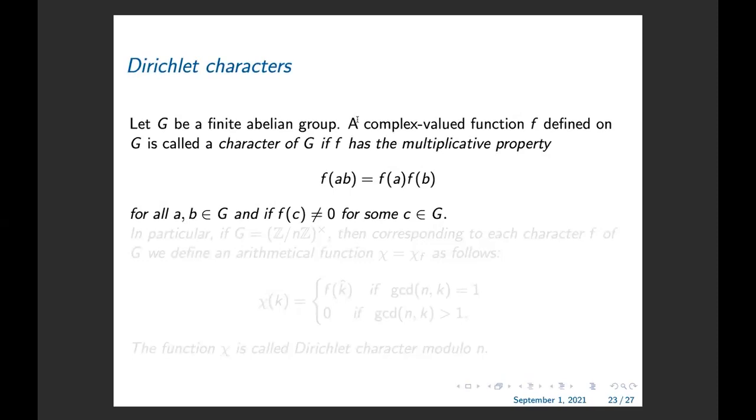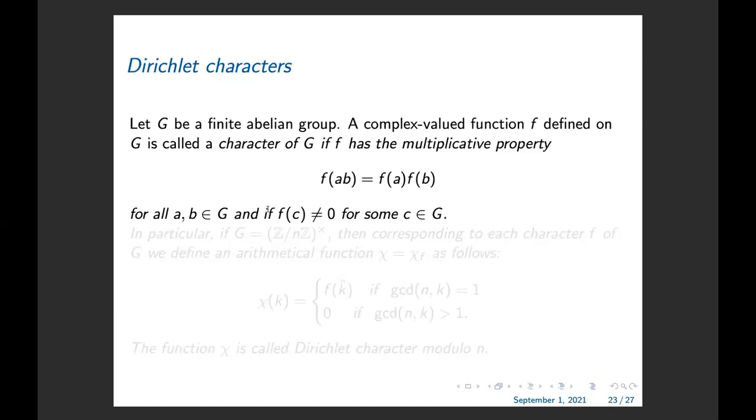If G is a finite abelian group, then a complex valued function f, which is defined on this group G, is said to be multiplicative if f of AB is equal to f of A times f of B for all elements A and B of G. And of course, f has to be non-zero, that is, f has some non-zero values.